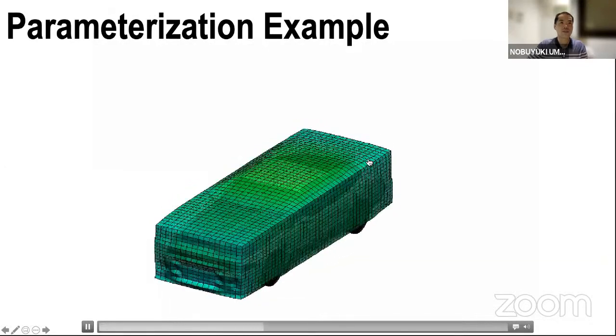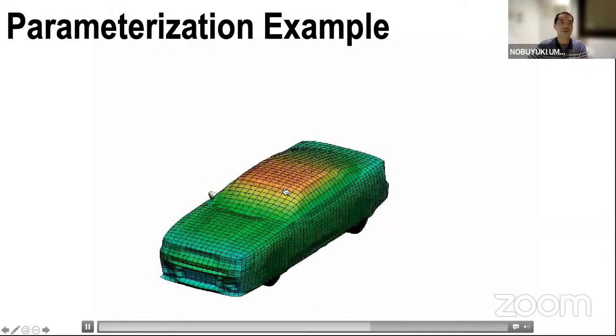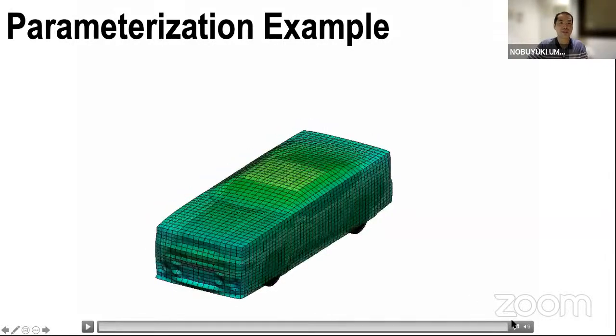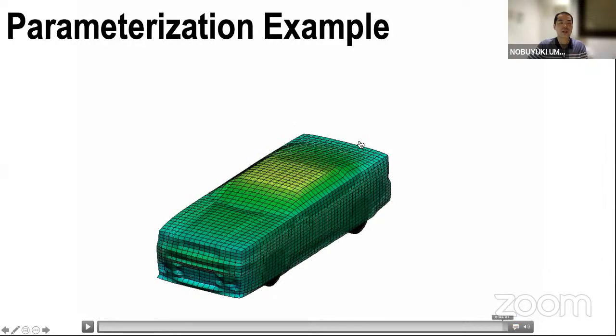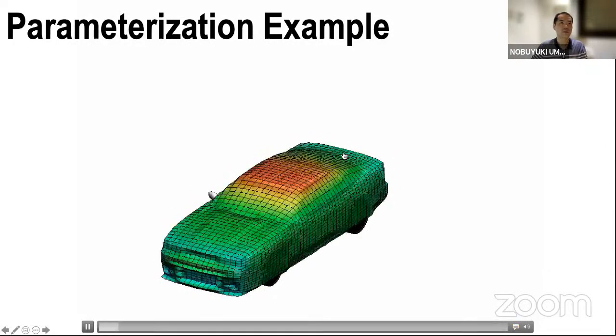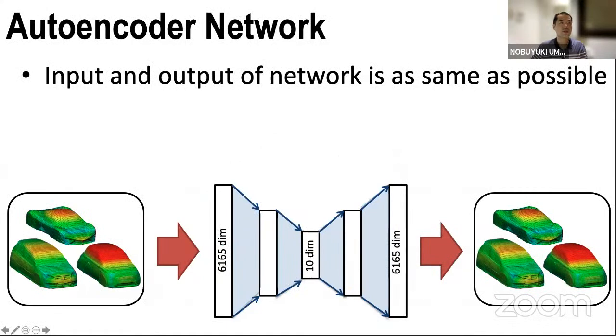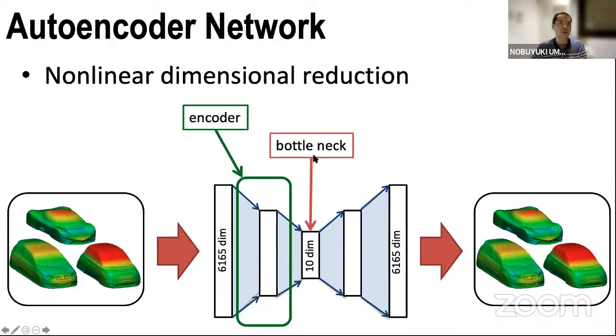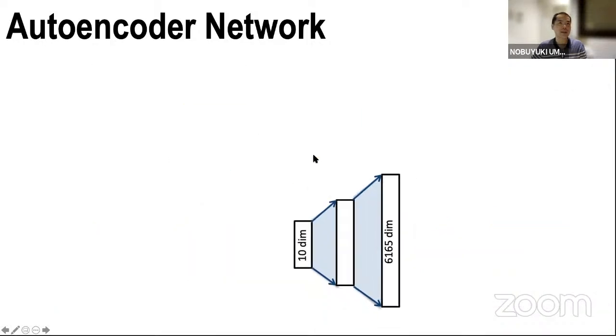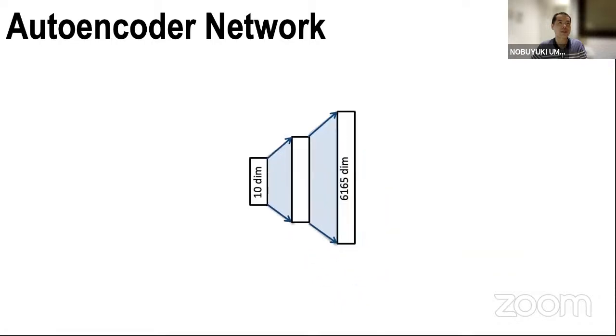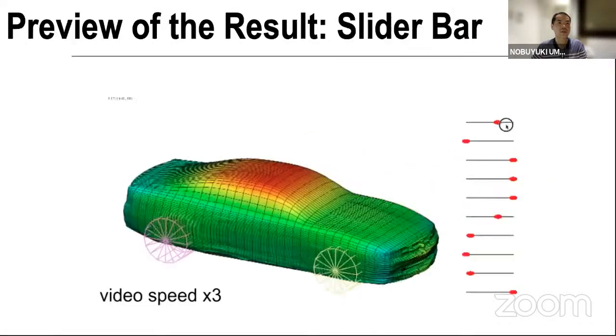Then this deformation from the template mesh to the projected mesh encodes the shape. So we put our encoded shape into the autoencoder, and we can encode the shape into a 10-dimensional vector.